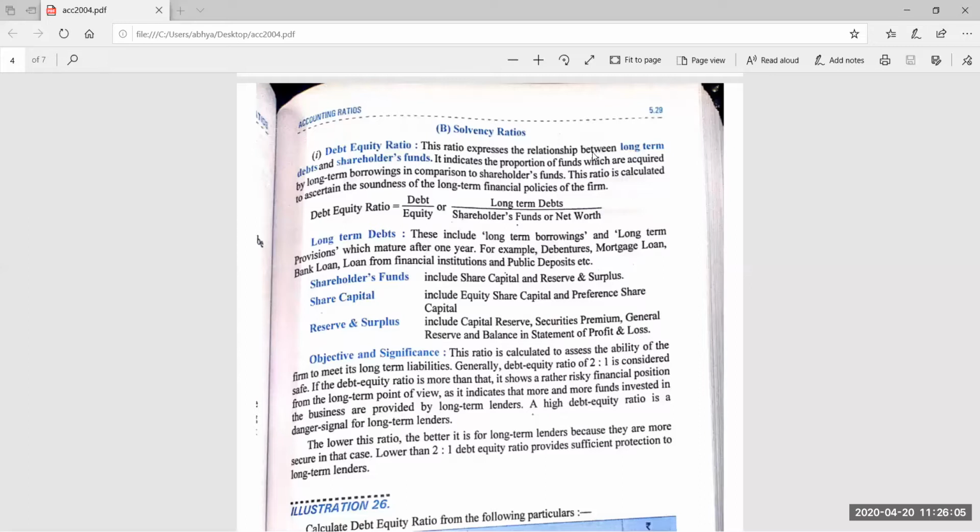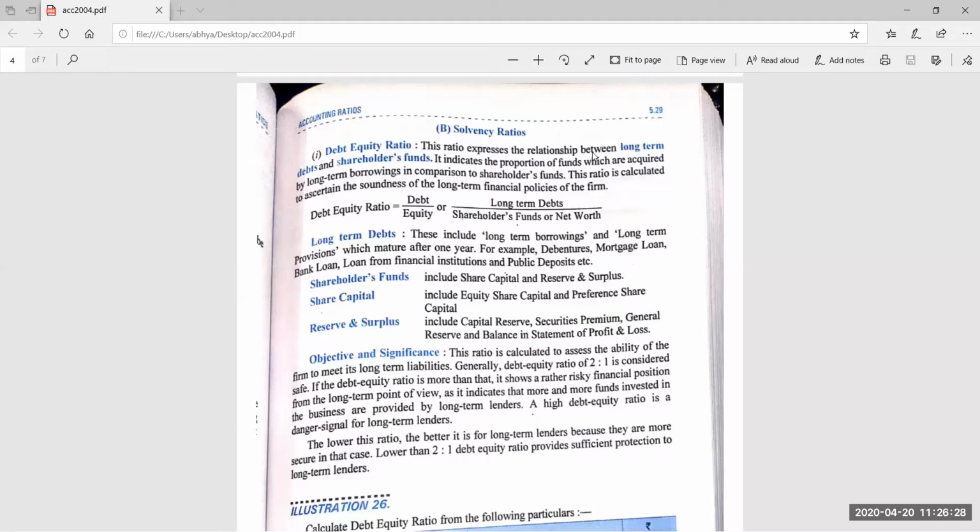Deferred tax liability and other non-current liabilities will not be taken into consideration for the ratio chapter. They will be used only in chapter 1 for the major heads and subheads. So here we have to use only 2 subheads for calculating debt: long-term borrowings and long-term provisions.